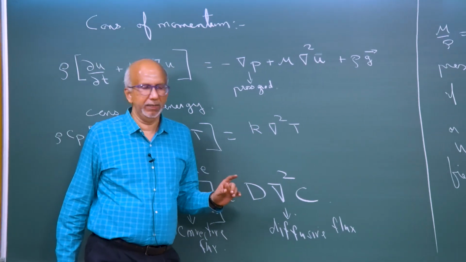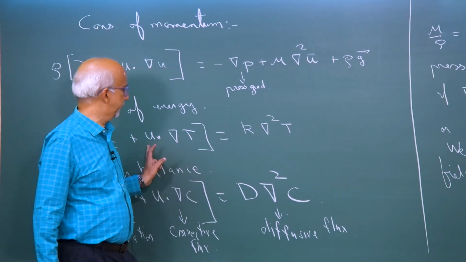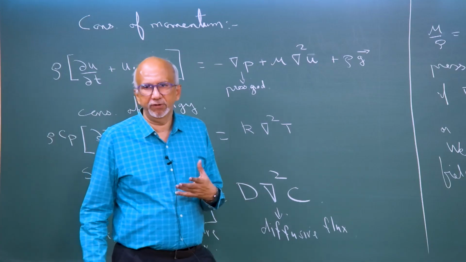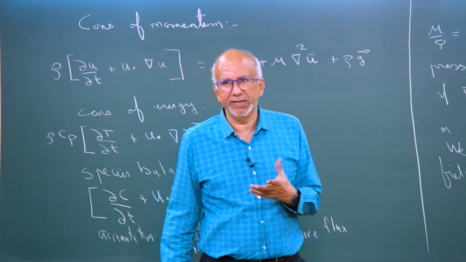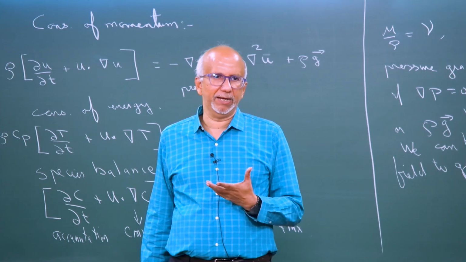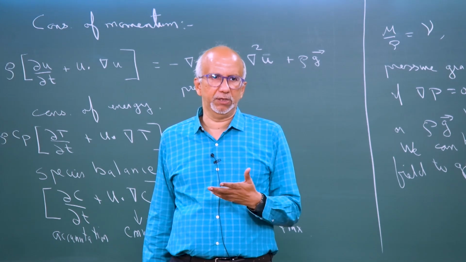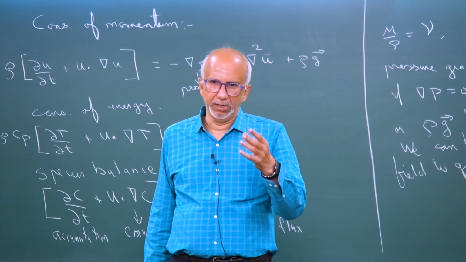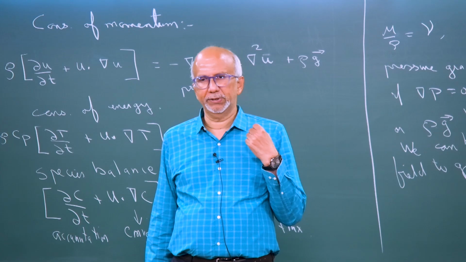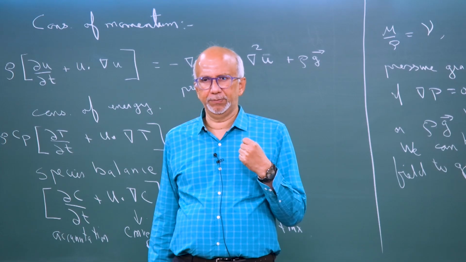Now, similarly when it comes to the energy balance, you can have a source for heat, okay. For example, if there is a chemical reaction which is exothermic or endothermic, if it is exothermic there is a source for heat, it will liberate energy, okay. So, that is something which you have to add.